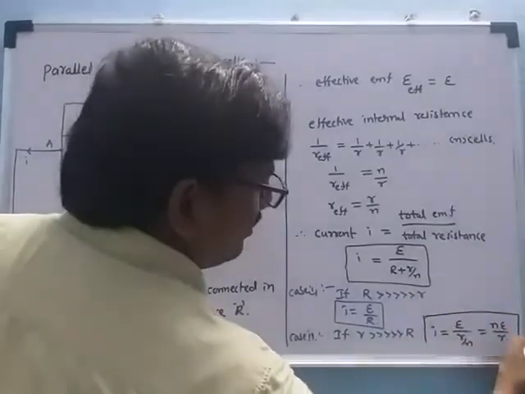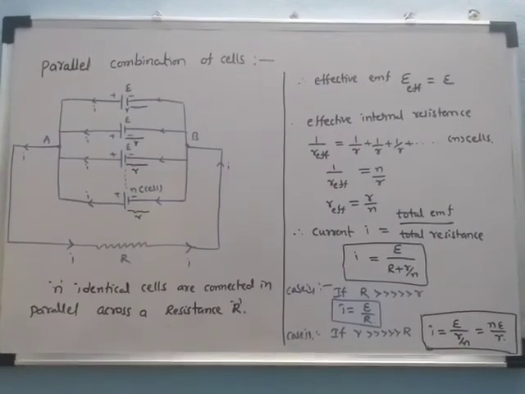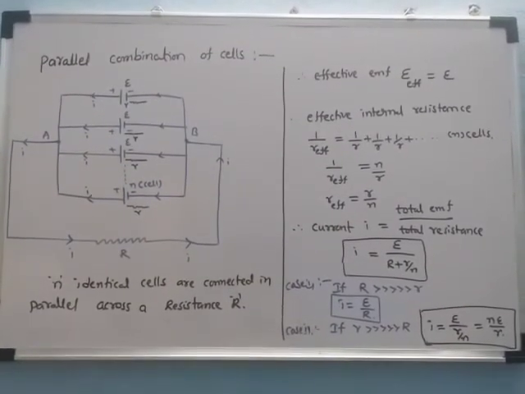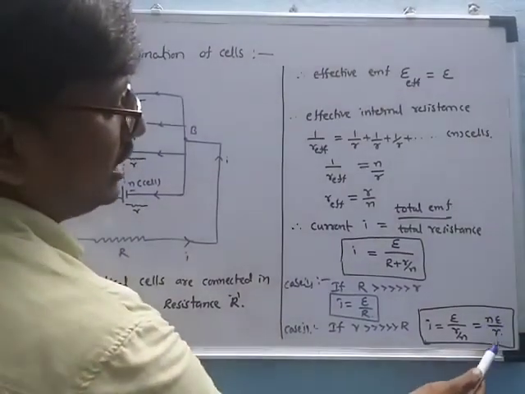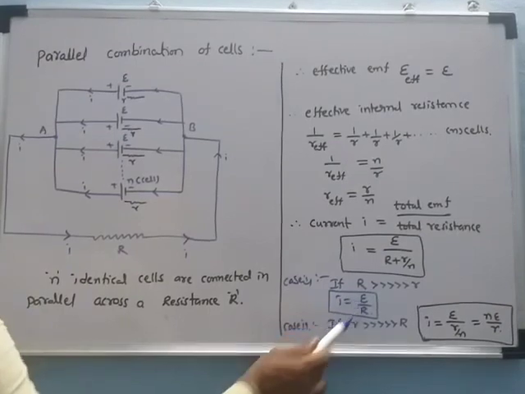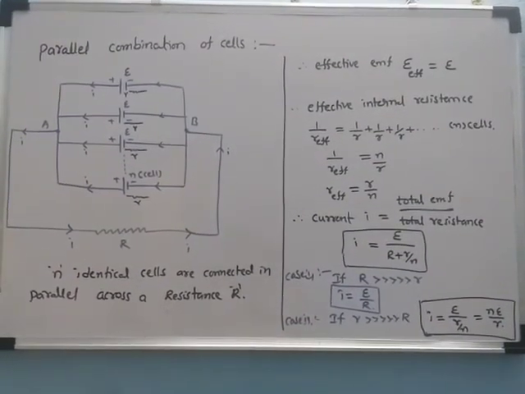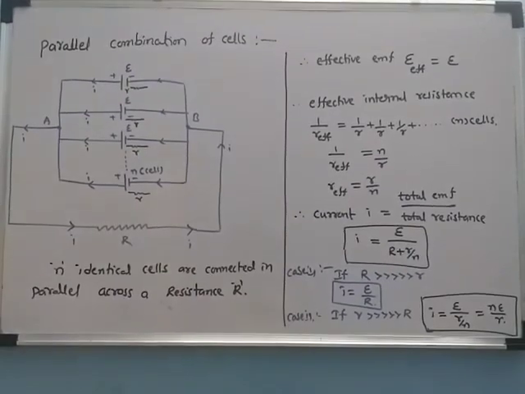This is the formula when internal resistance is greater than external resistance: I equals n E by small r. If external resistance is greater, the current is I equal to E by R. These are the formulas for a parallel combination of cells.